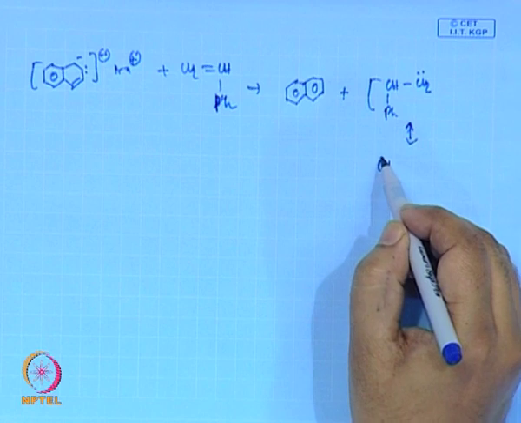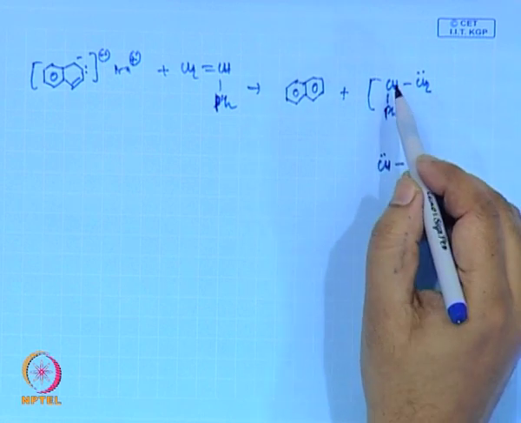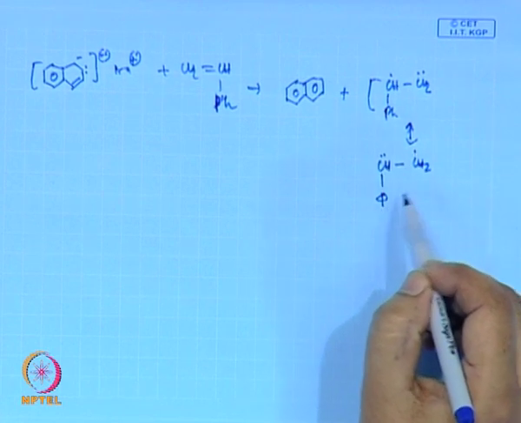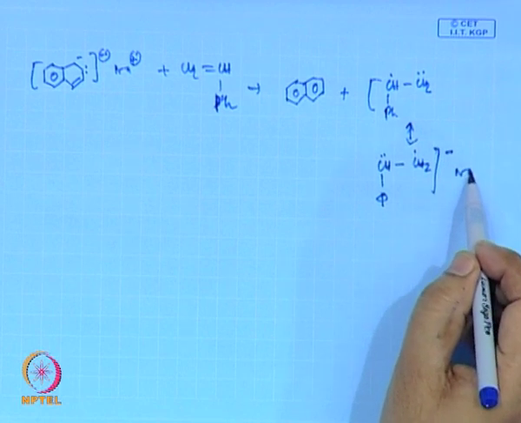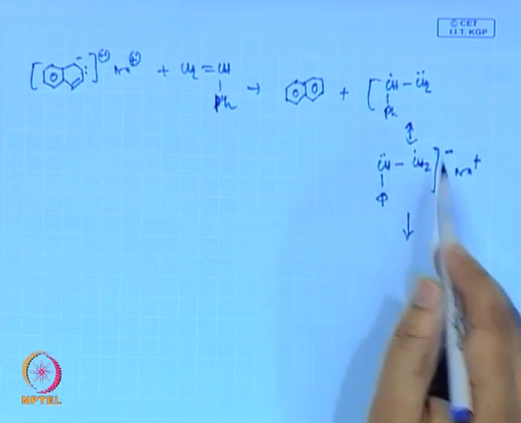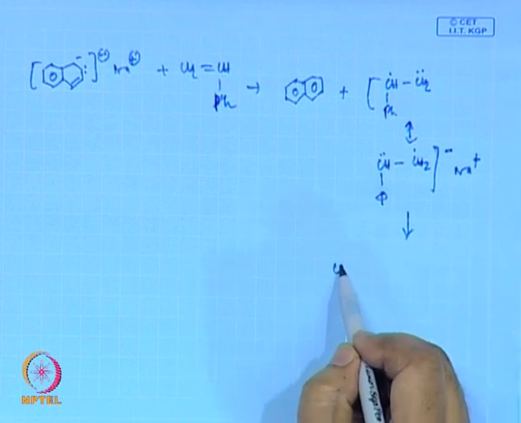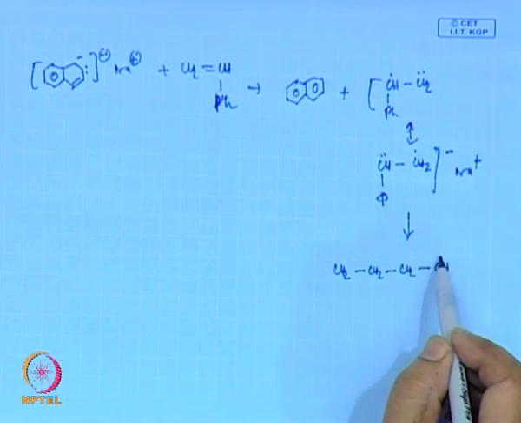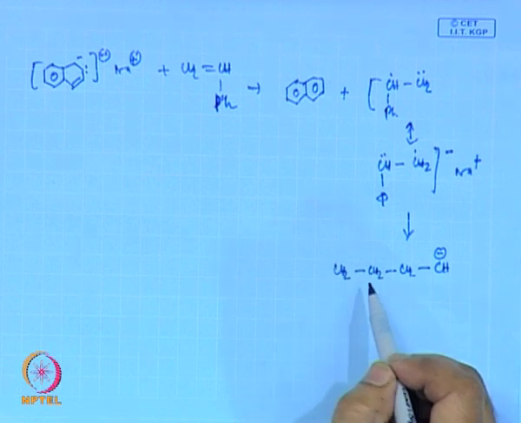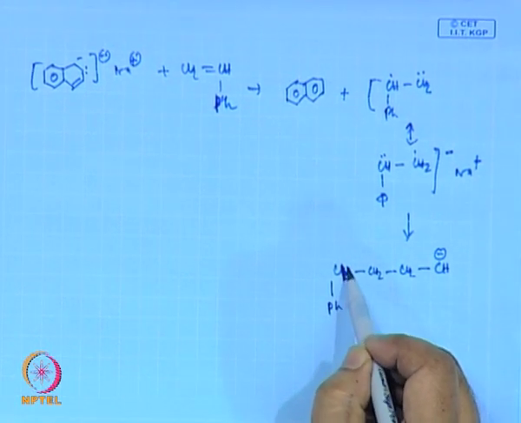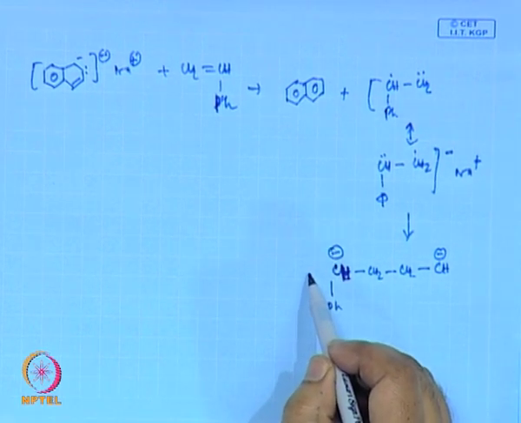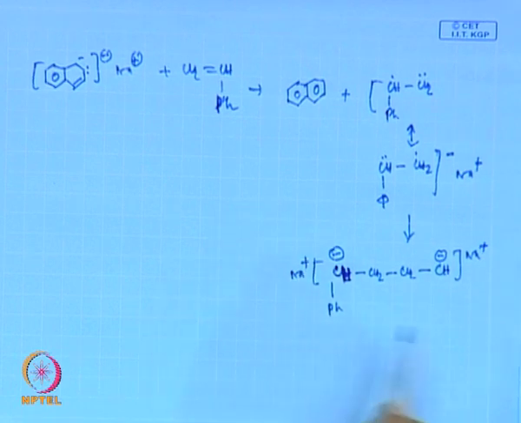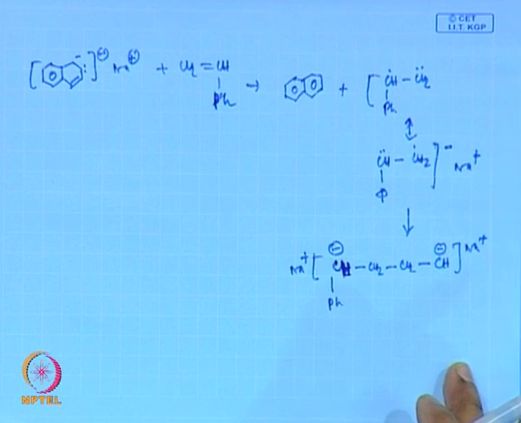This can resonate. Now, this can dimerize. So, this is an example of how initiation is done with electron transfer.